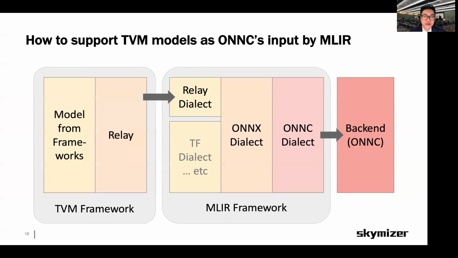So we could use TVM's front end and TVM's Relay as our input. So we could use a model from TVM and use our ONC compiler's optimization technology to optimize these models and generate a binary through the ONC compiler.